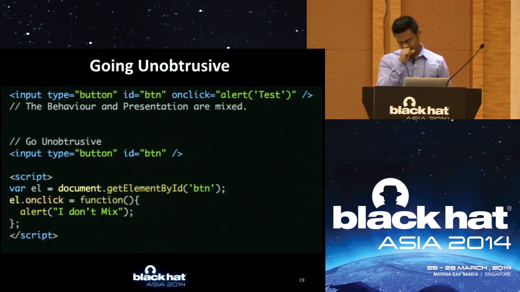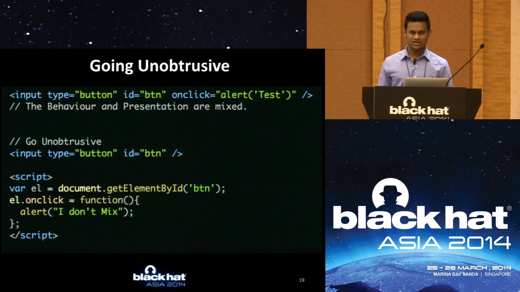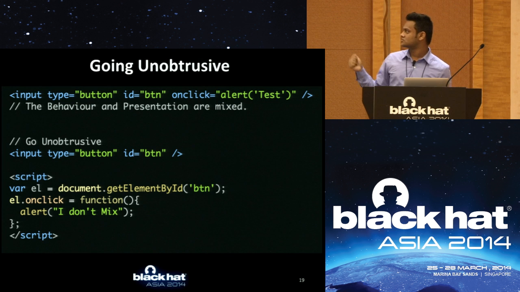Normally, with an inline event handler, you would say button onclick equals alert or something like that. Instead, you would just define the presentation and keep the behavior inside what is scriptable, so you just add an event listener on click, which would do the stuff for you.